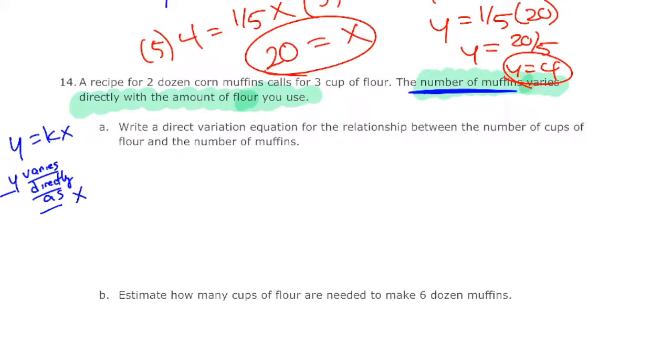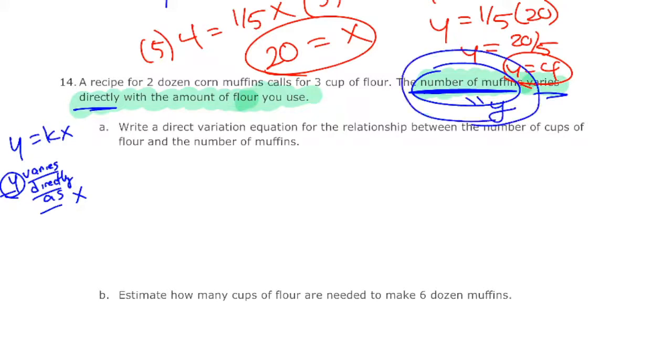What came before the word varies directly? Number of muffins. What came before varies directly in our original? Y. Therefore, the number of muffins is equal to y. Okay? Directly with the amount of flour you use. So then this must be x. Okay?